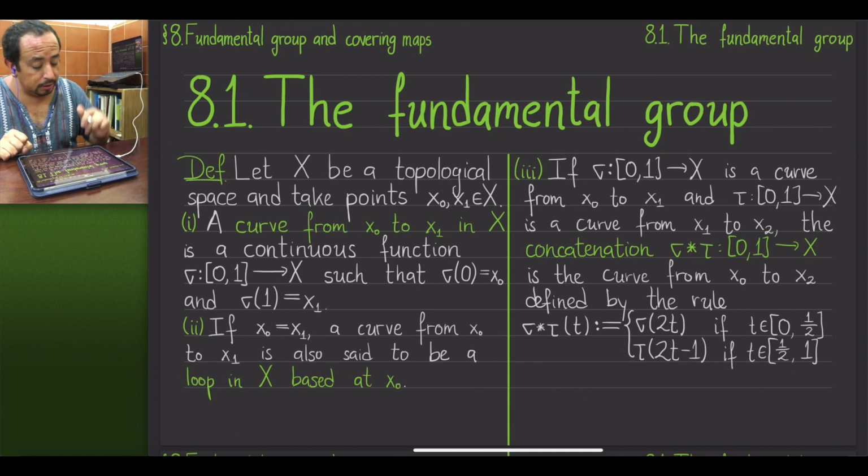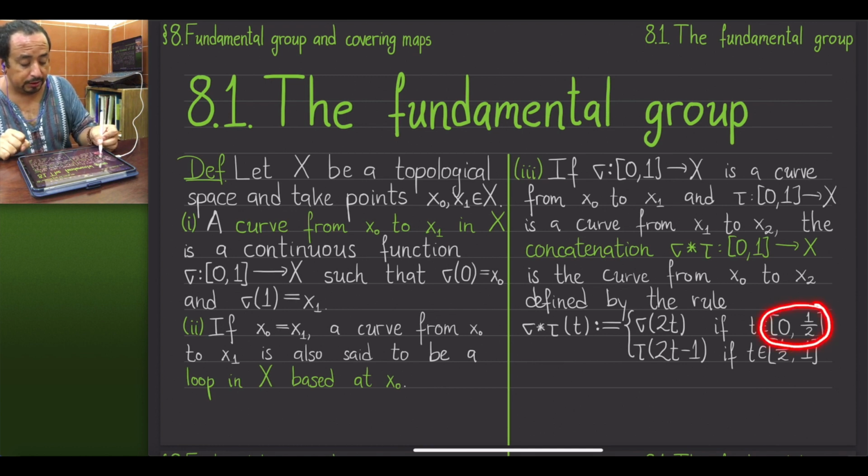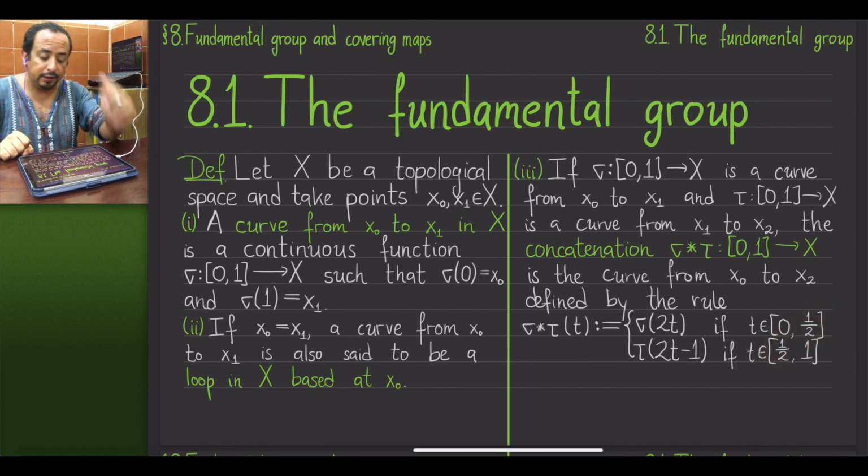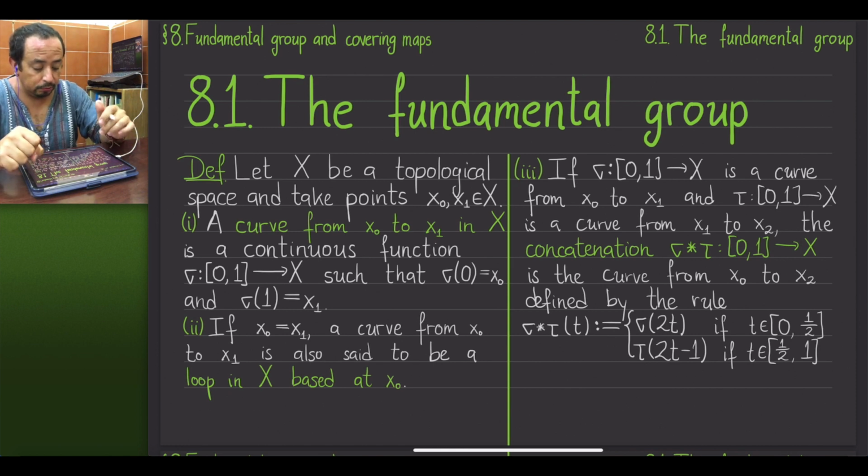What else should I say about this? Of course, one has to check that this is continuous, so that there is really no problem. There's no problem in the half-open interval 0, 1/2, and there's no problem in the half-open interval 1/2, 1. The only point where one has to be a bit careful is the point 1/2, and I leave it to you as an exercise to show continuity at that point, and hence continuity of the whole concatenation.